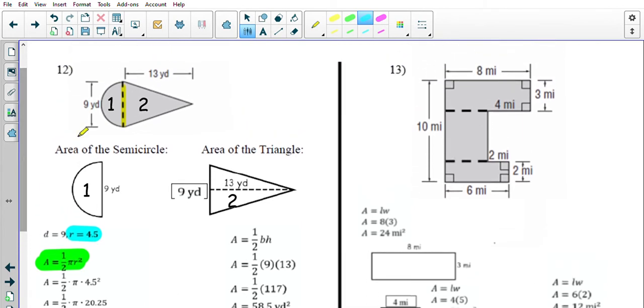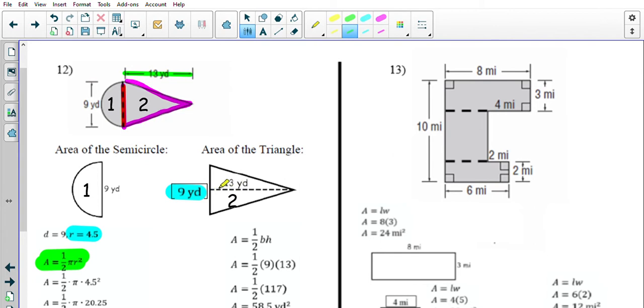Now my triangle is region 2, and I'm going to outline that here in purple. So that's this region. And I did copy some values over. So the base of this triangle is going to be the 9 yards. You do need to write that in. It's the same length as this dotted line. You sometimes have to reuse values. And then this that I'm going to highlight in green, the 13 yards, represents the height of the triangle.